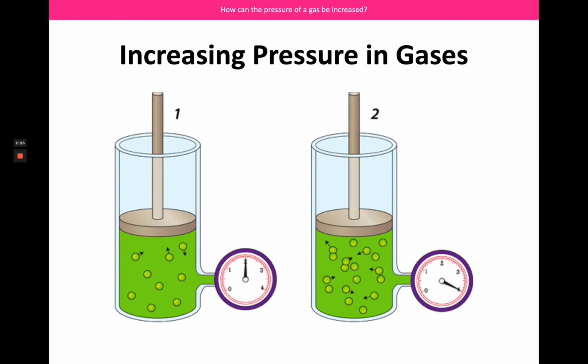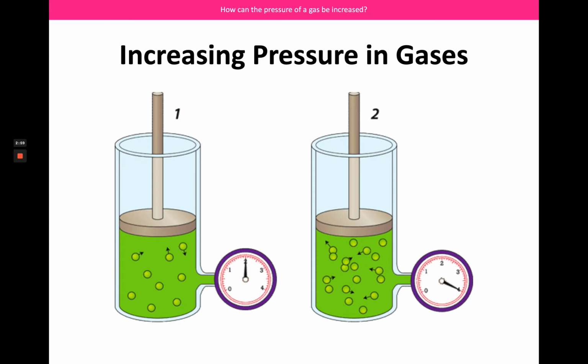Now there is only one thing that's different between them. If we're going to make a decision about what causes something, we can only ever have one independent variable. There can only be one thing that's changed. And then we have our dependent variable, which is the thing that we measure, which here is the pressure. Everything else has to be controlled, has to stay the same, so that we know it's only the thing that we've changed that has caused the change in the thing that we're measuring.